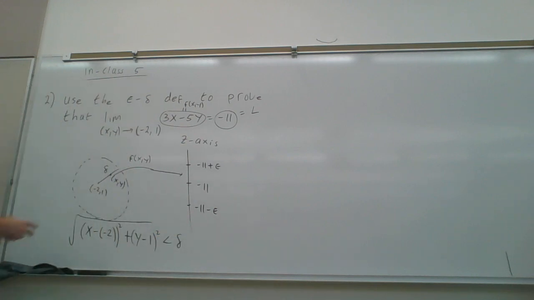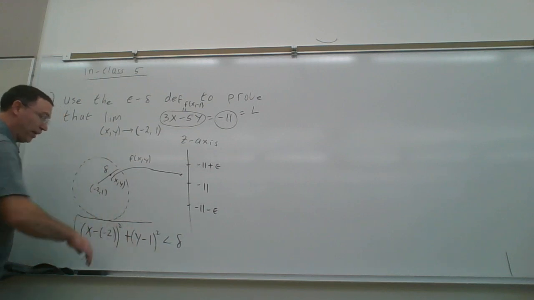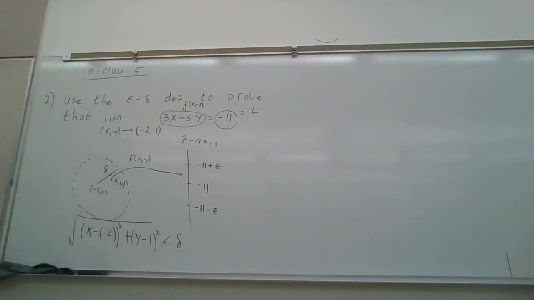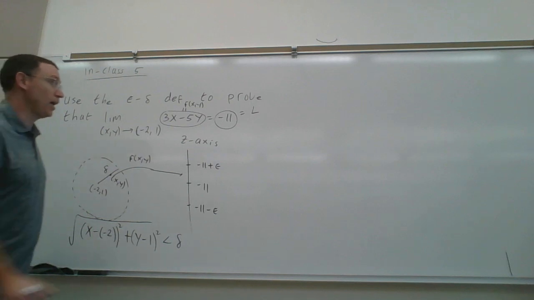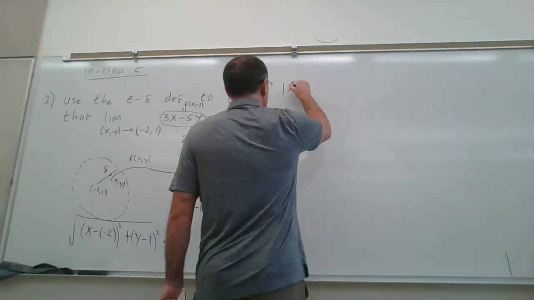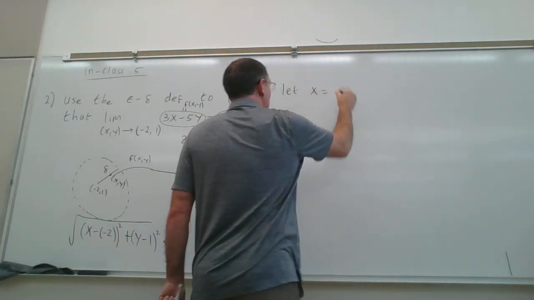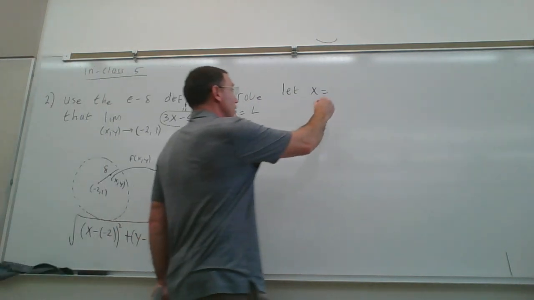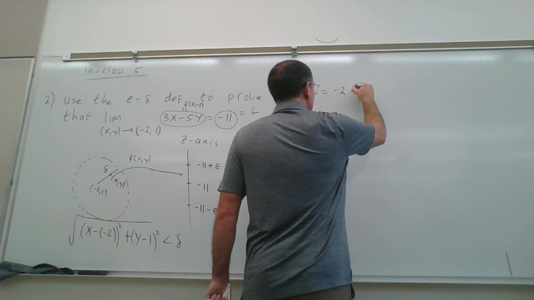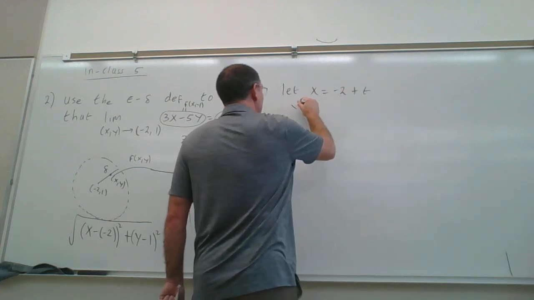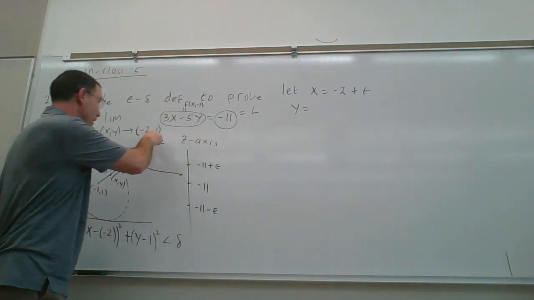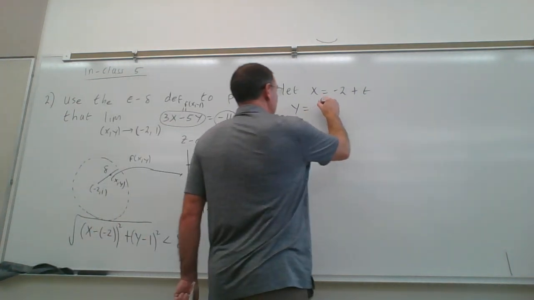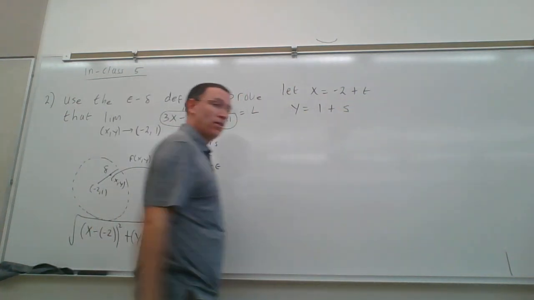So any point in the circle here would have to satisfy that property. Now, to make notation easier, we're going to let x equal whatever this number is, plus t, and y equal the y value here, plus s. It just makes the notation for the circle easier.